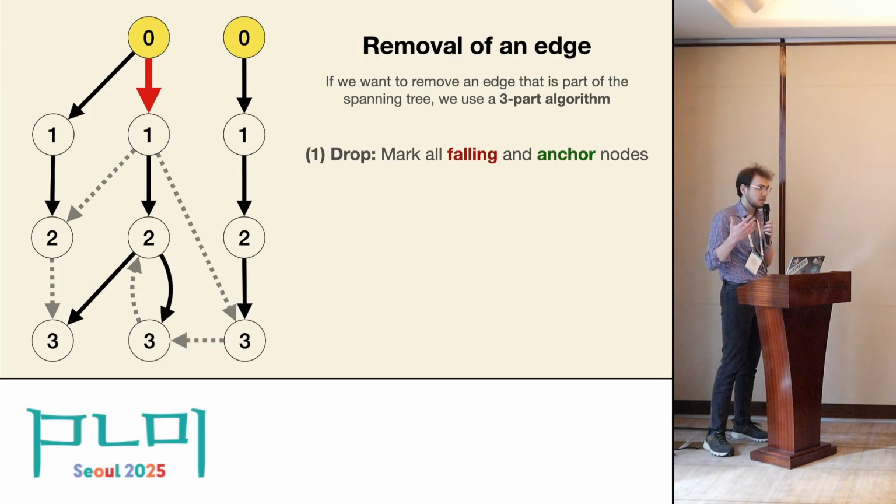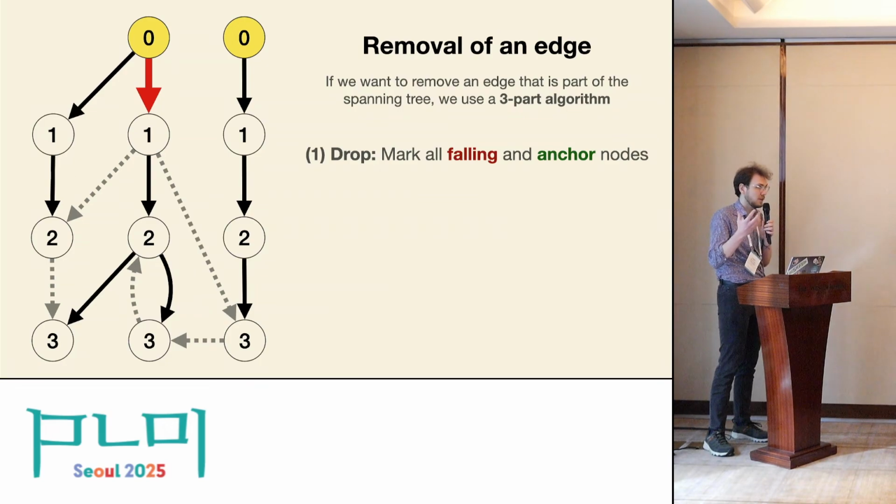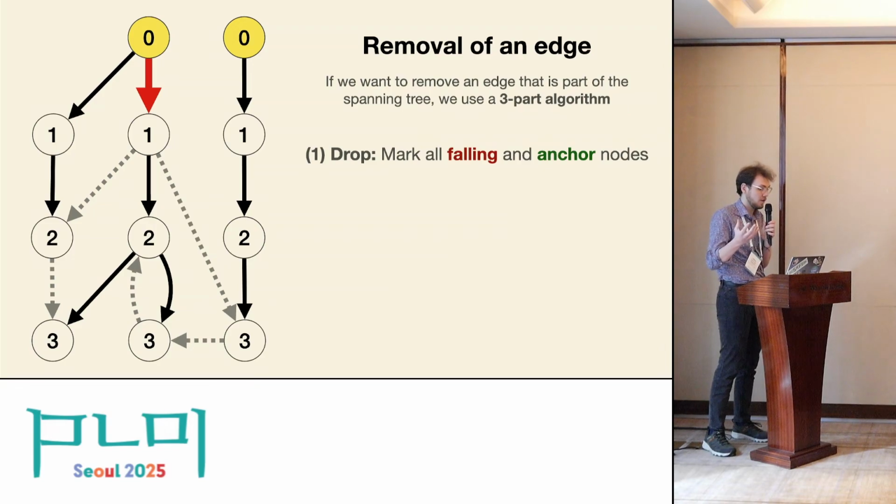The drop phase is the phase that tries to mitigate how much damage we get from removing this edge. What we will do, we will start from the node that is pointed by the edge that we remove.